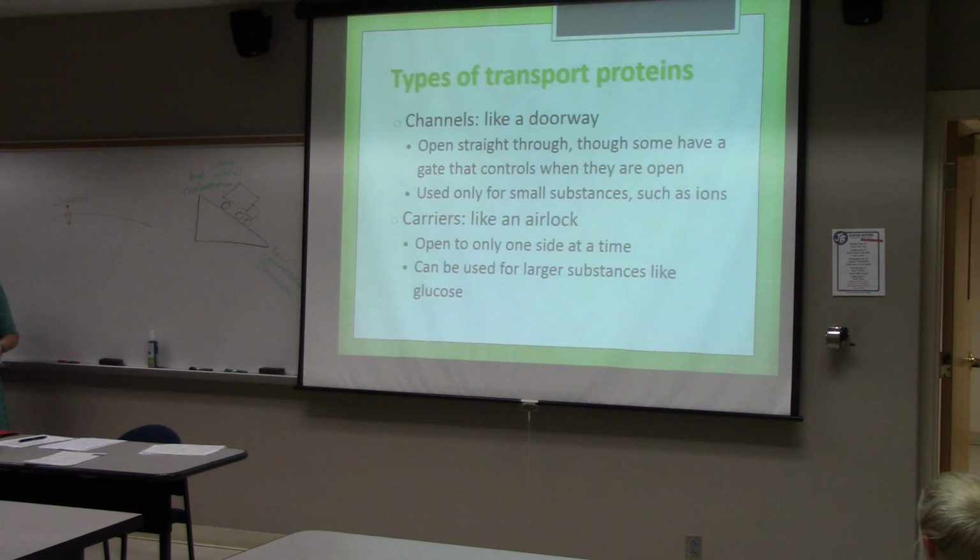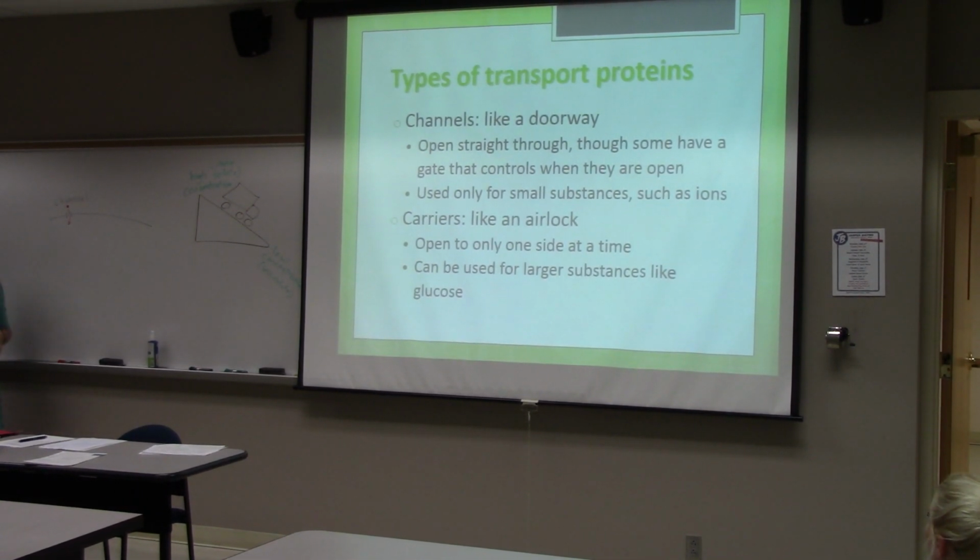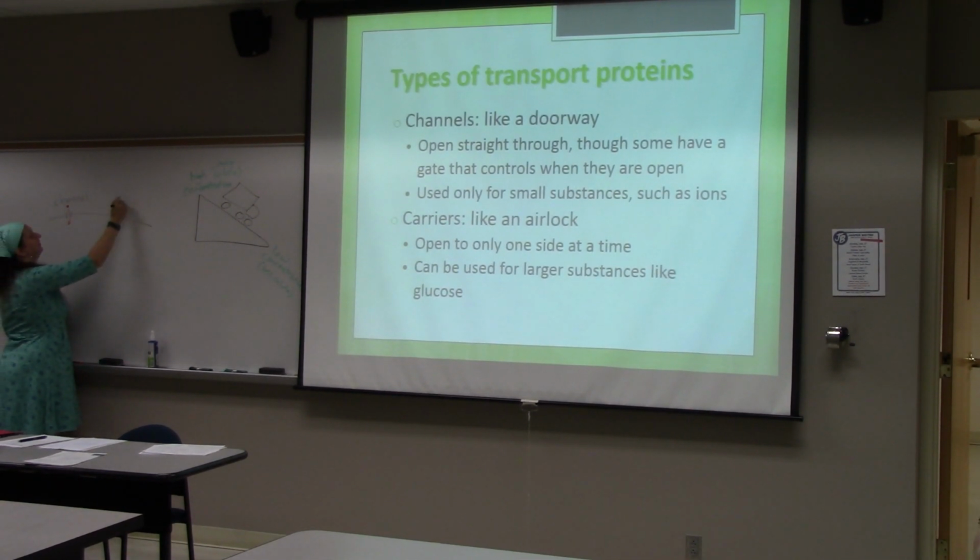Carriers are for larger things where, in order to have a space big enough for it, you'd have an open area where you can't control what's going through. So some things that are small enough for facilitated diffusion are too big for an open channel. So instead we have a carrier.